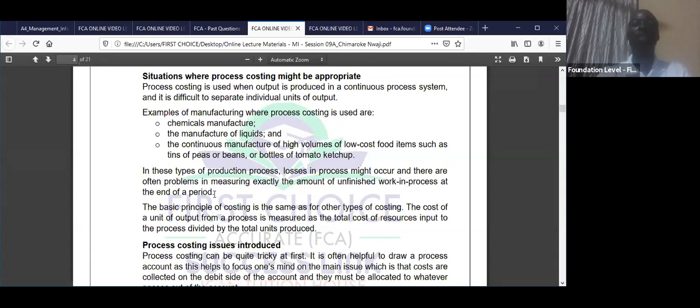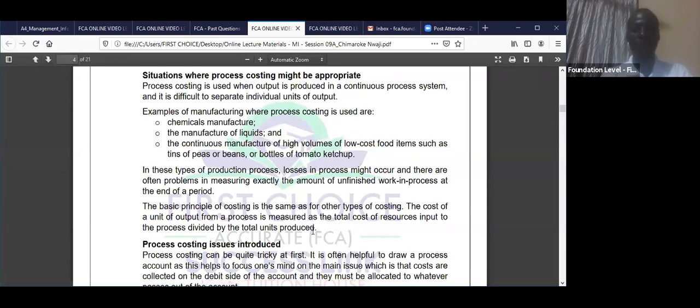So you see, we are talking about two things here: difficulty in measuring the unfinished work in process at the end of the financial year, and losses that you will incur. So what can you do about all of this? So we are going to look at the process costing issues here.